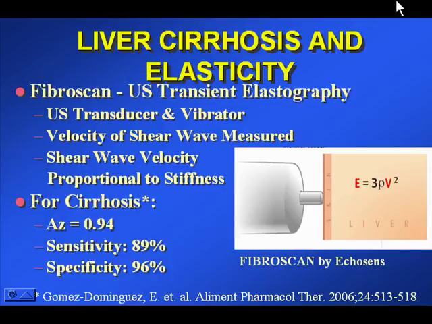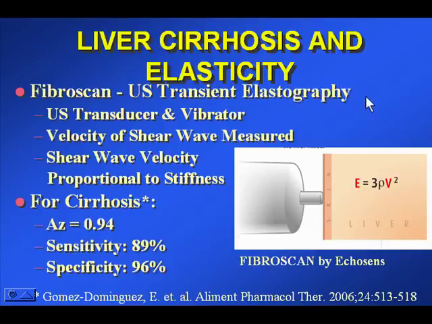So the transducer does a mechanical vibration that transmits vibration waves into the liver, which produces shear waves. The ultrasound beam then follows and images the shear waves, and from the images or analysis, it detects the velocity of the shear waves and then calculates the stiffness of the liver, or the shear modulus, denoted in the equation as E.